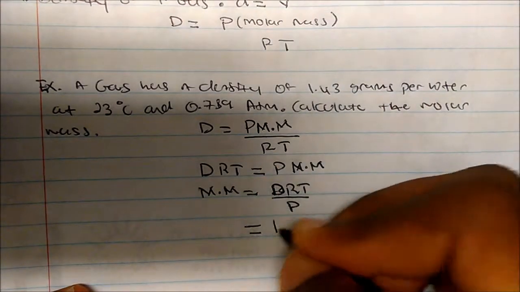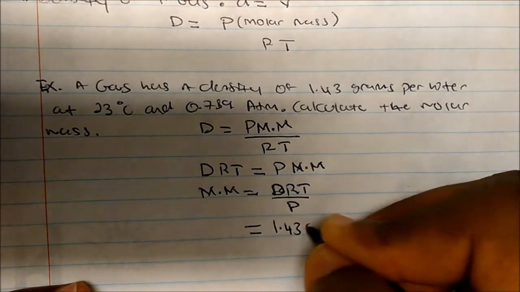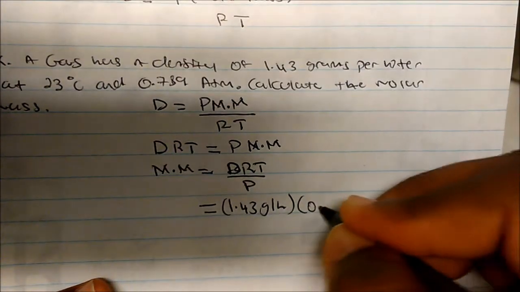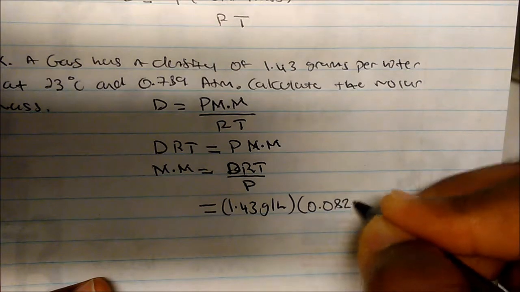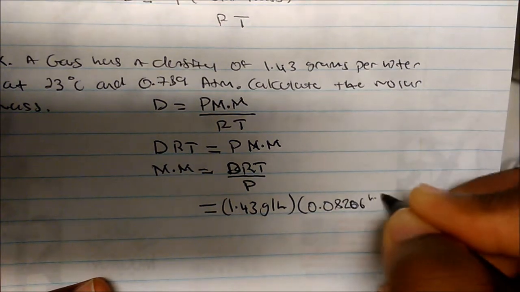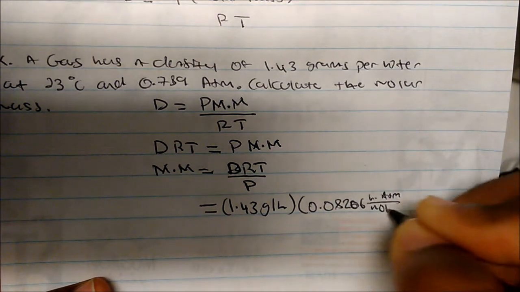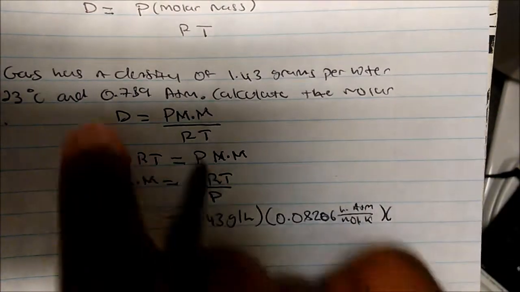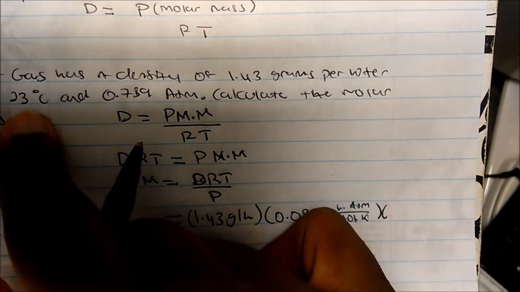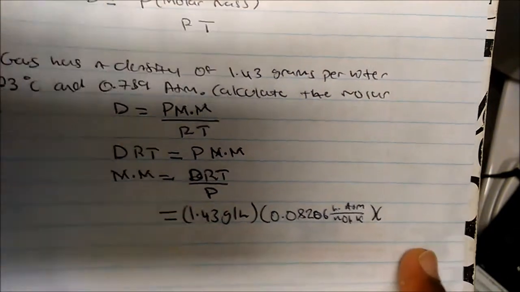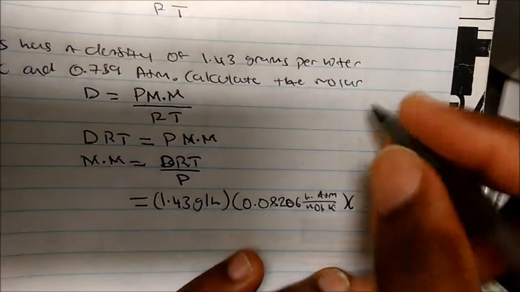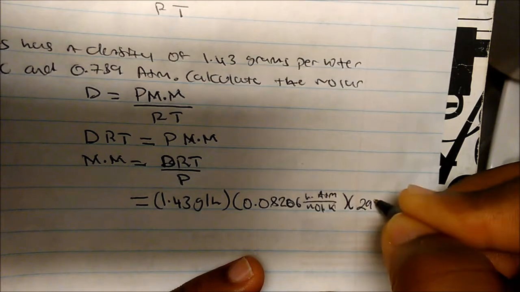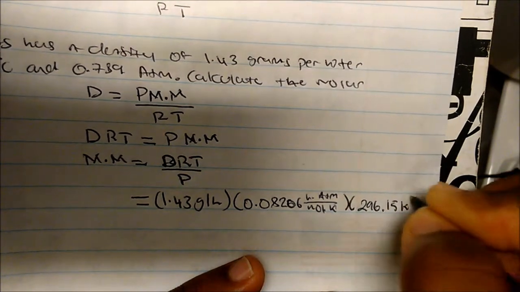My density happens to be 1.43 grams per liter, and we multiply that by R, the ideal gas constant, 0.08206 liters atmosphere per mole per kelvin. We know the temperature has to be converted into kelvin, so 273.15 plus 23 gives us the temperature in kelvin, which happens to be 296.15 kelvins.